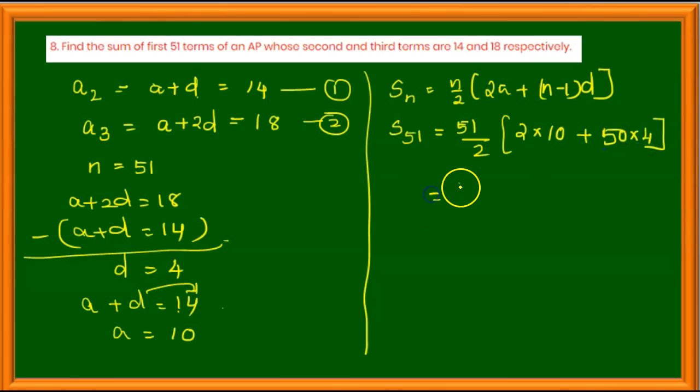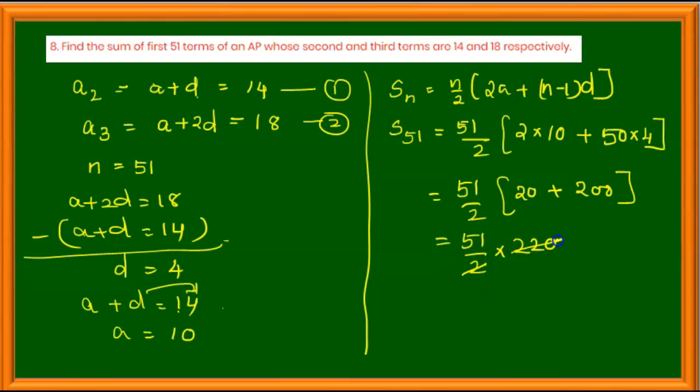Now 51 by 2 into, 2 into 10 becomes 20, plus 50 into 4, 200. So you are getting here 220. 51 by 2 into 220.